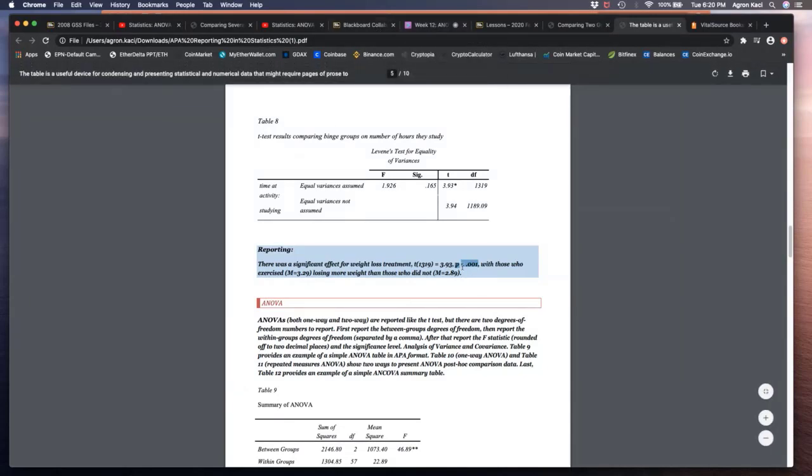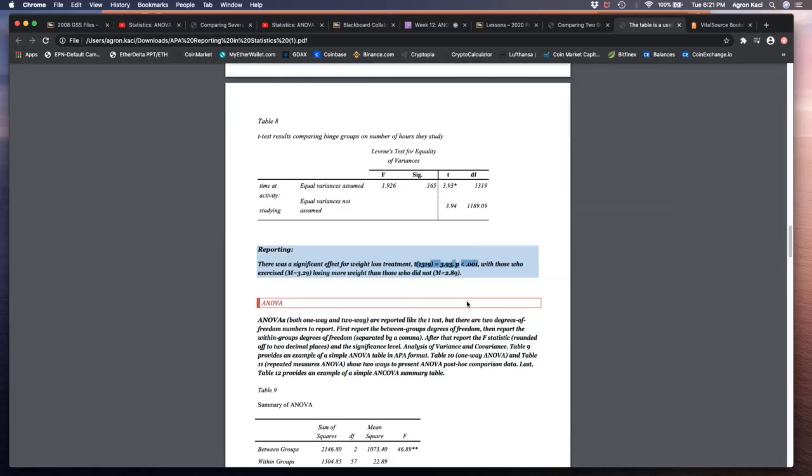In APA style, generally you have to put, as a matter of being standard, the t, degrees of freedom in parentheses, equals the value, and then the p-value, and also the mean. These are necessary.